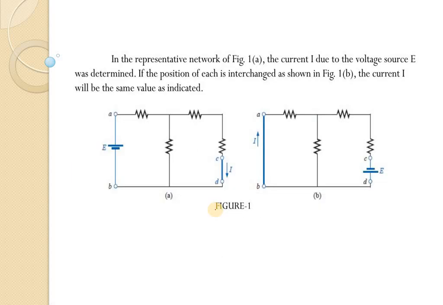This is our network, and here E is the voltage source, and we want to measure the current through this CD branch.